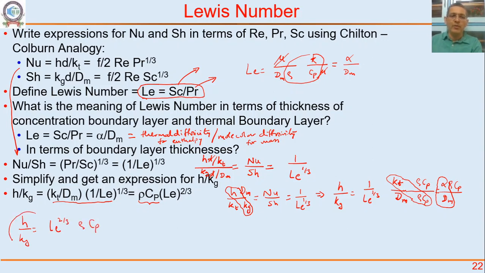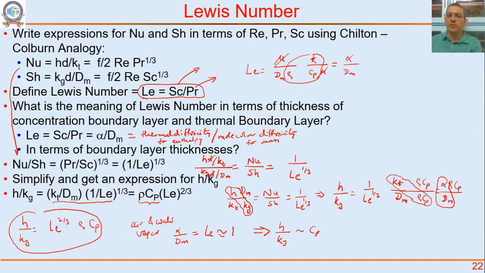Now you see, for air and water vapor, you calculate alpha, you calculate the diffusivity. Alpha by dm, the Lewis number, is almost equal to 1, and therefore for air and water vapor we said H by kg is nearly equal to Cp.